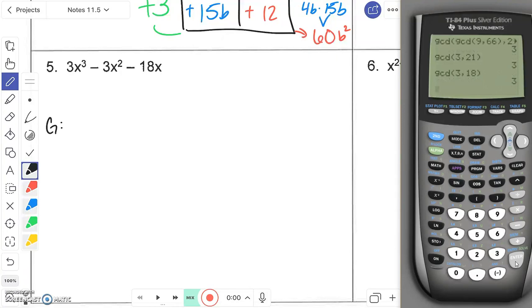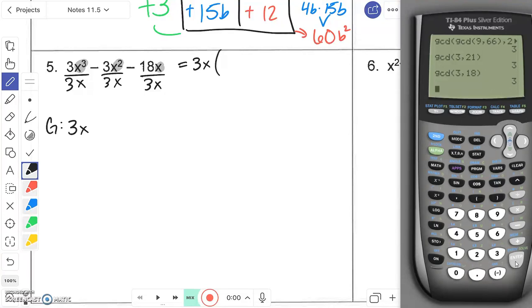But the other thing I notice is x to the 3rd power, x to the 2nd power, and x. So since they all have an x, that means I can take out an x for each one, as well as the 3 for each one. So my whole greatest common factor is 3x. So I want to divide everything by 3x and keep that out front of my factors.